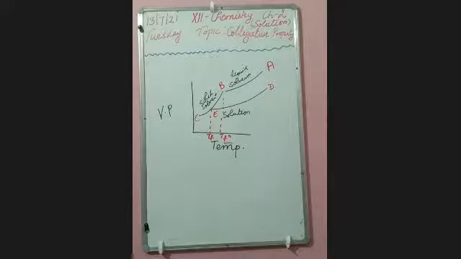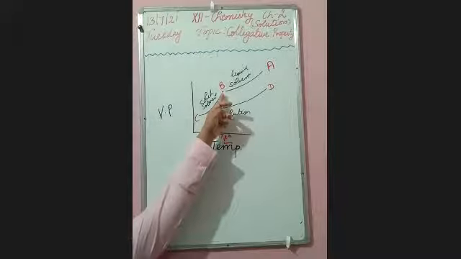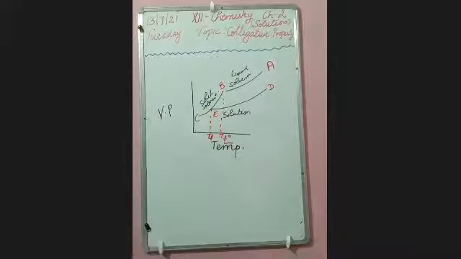Now, the vapor pressure again decreases up to C. At point B, the liquid solvent and solid solvent are in equilibrium to each other. That's why it is the freezing point of pure solvent.